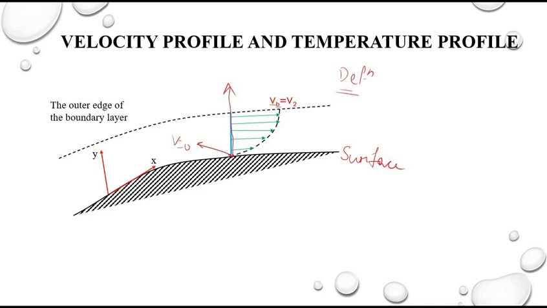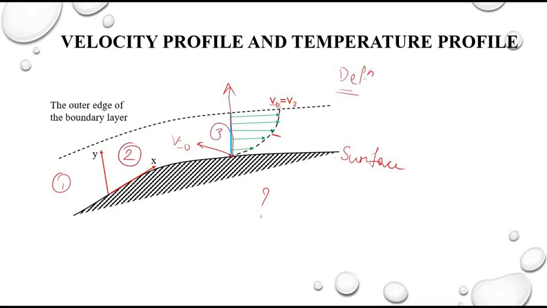Now, here I am seeing that we are getting one shape of a velocity profile. The question arises: will I have the same velocity profile, the same variation curve, the curve that you are observing over here, at every point? Let us say this is my point 1. Here is my point 2.